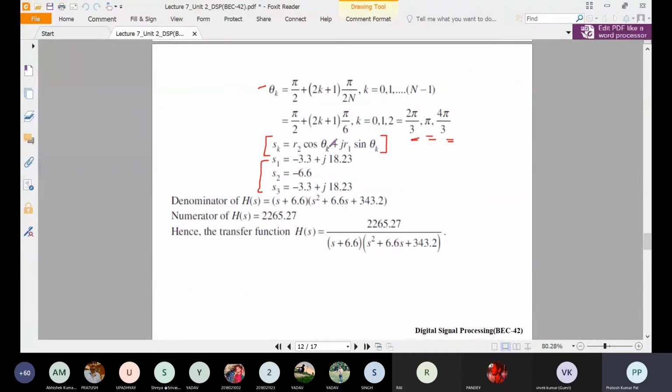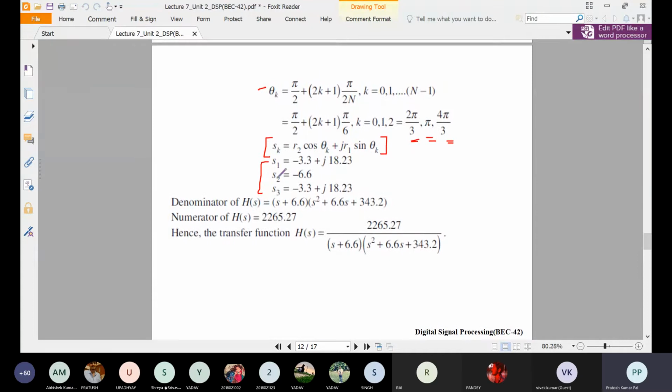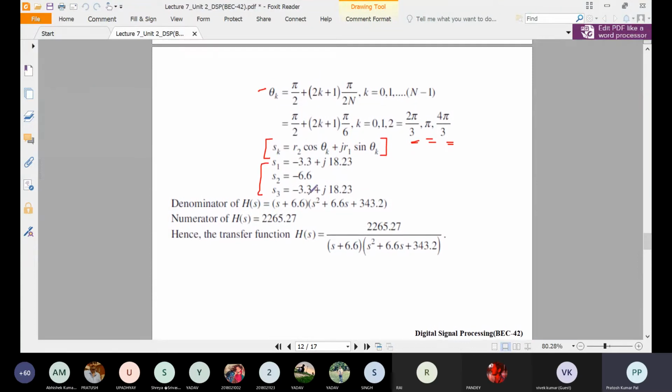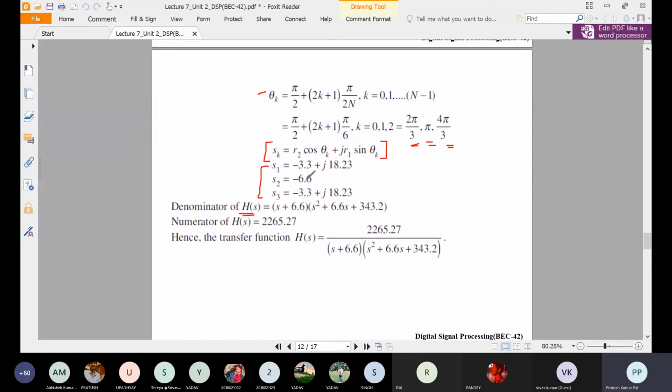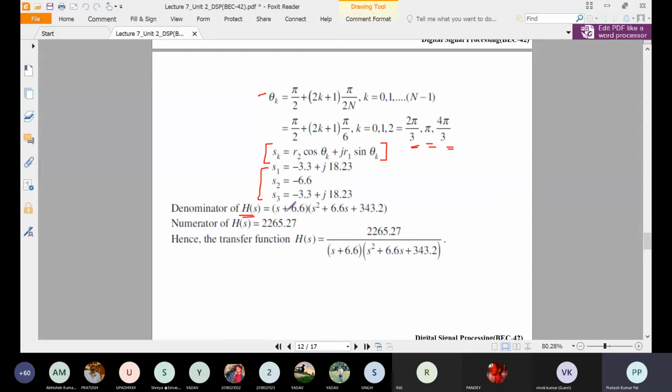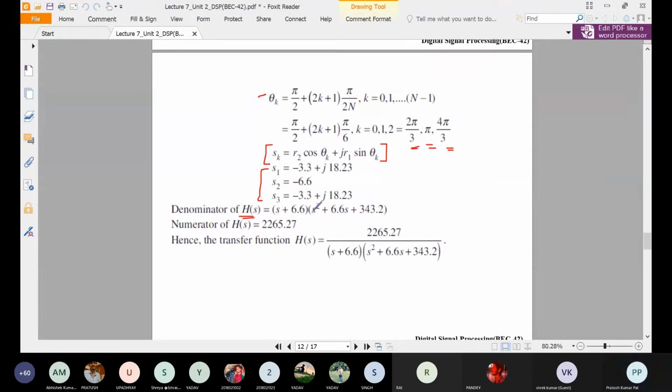In this question, once we know the location of the poles, we will be multiplying them. The denominator part of the transfer function will be, first, s minus this term, so it will be s plus 6.6 in bracket.